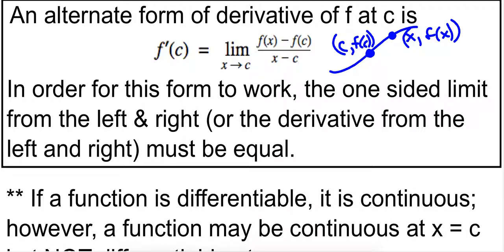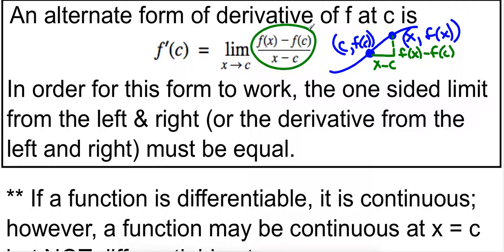Okay, and that'll give us our derivative. So this distance here is just x minus c. And this distance here is f of x minus f of c. And we're trying to find the slope between that. So we take the change of y over the change in x, which is exactly what we have here. F of x minus f of c over x minus c.